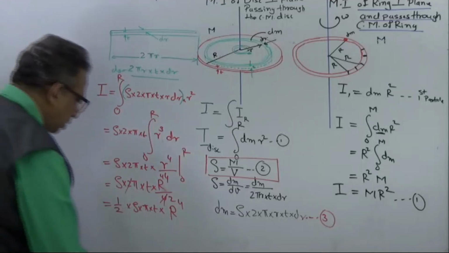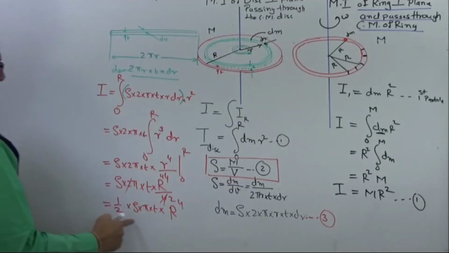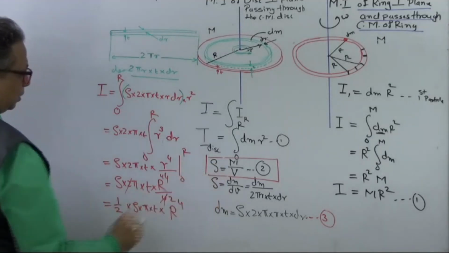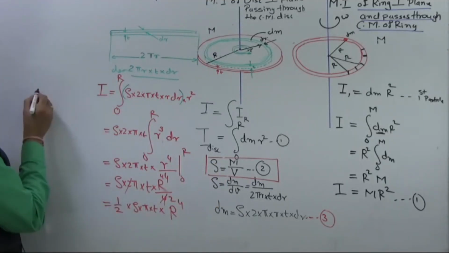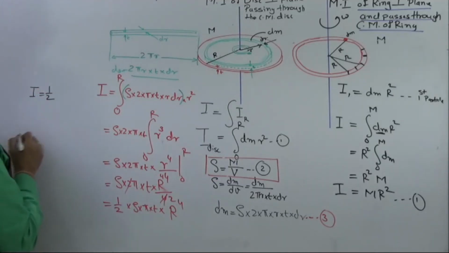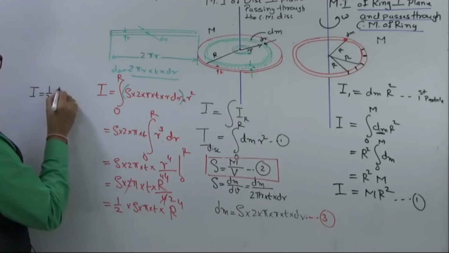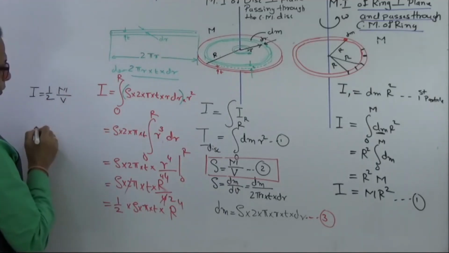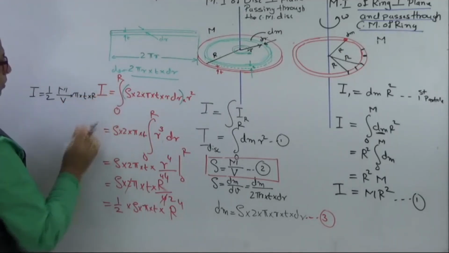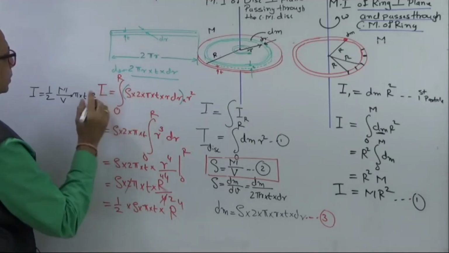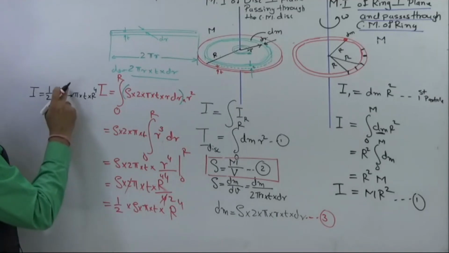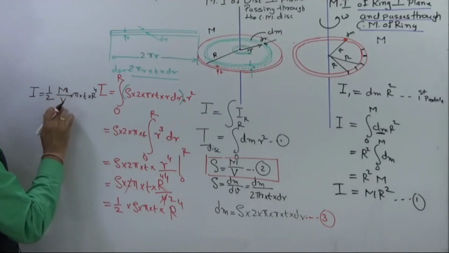So in this case, how am I going to write? I am going to use the equation density equal to total mass upon total volume, and therefore the I will be written as 1/2, density is total mass upon total volume, into pi into T into R raised to 4. So you have mass as the total mass of this disc.